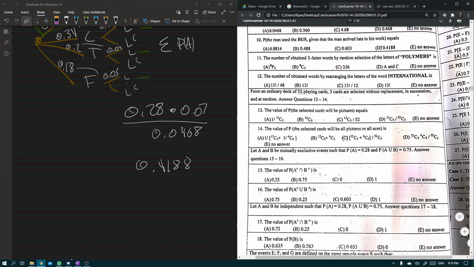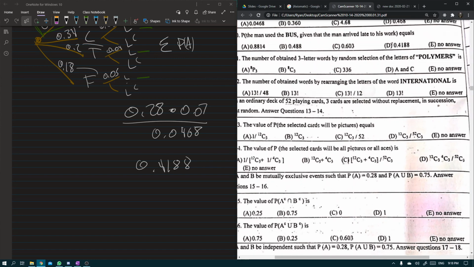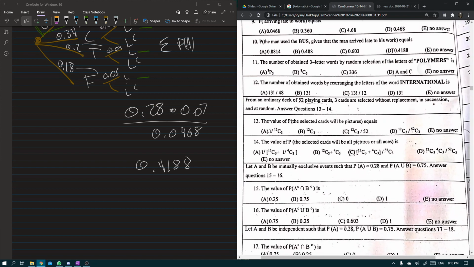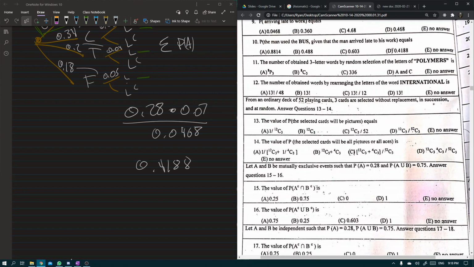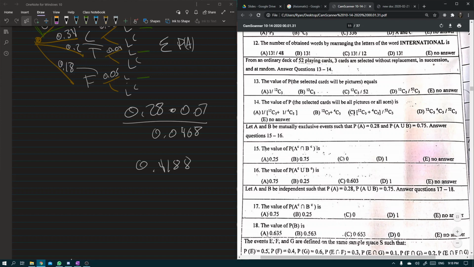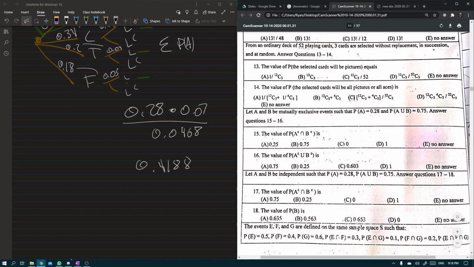It's going to be A, 8 P 3, 8 letters. Count the duplicates, divide the duplicates. Okay, so 3 selected without replacement.